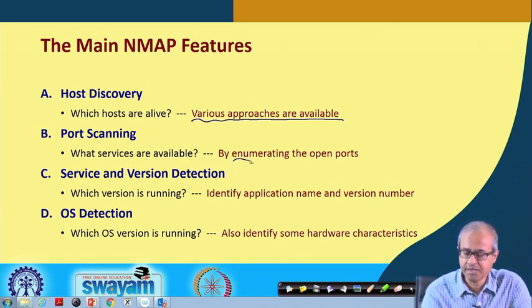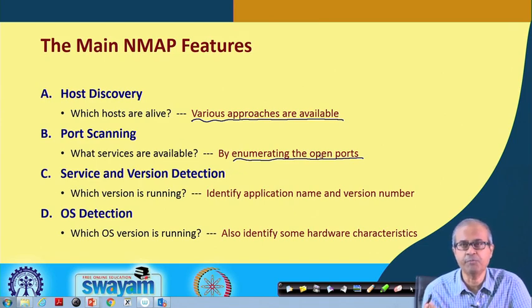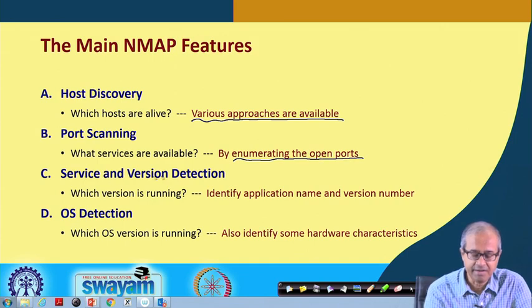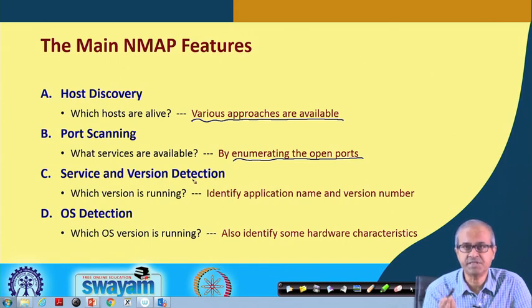So, you can enumerate the open ports and you can find out the services, because an open port means the services are running. Okay. Then you can detect service and version types, that is, which version is running; you can identify application names and also their version numbers.